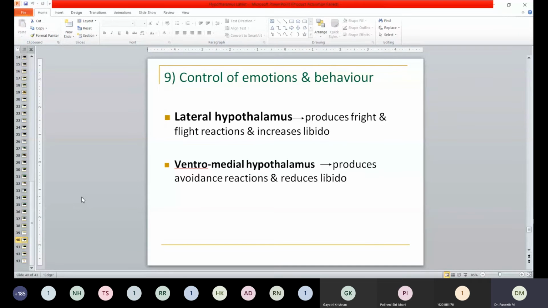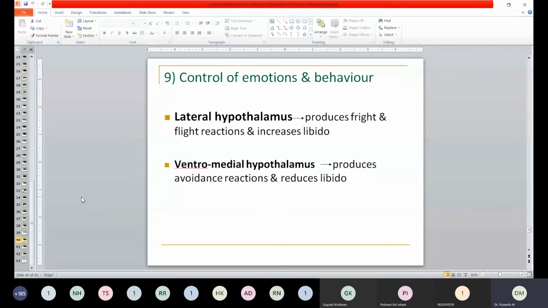When you stimulate the lateral hypothalamus of a person or animal, you will observe fright and flight reactions, and also increased libido. On the other hand, when you stimulate the ventromedial hypothalamus, there will be avoidance reactions and reduced libido.